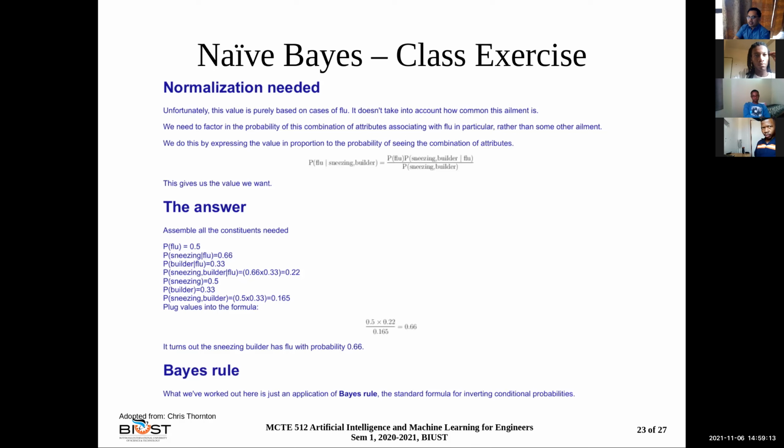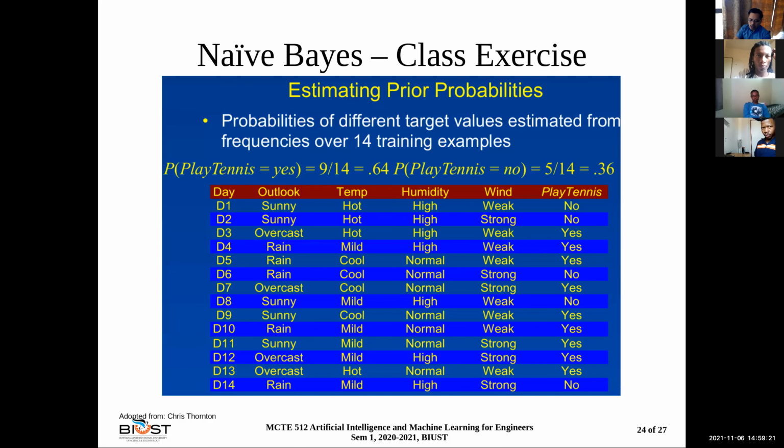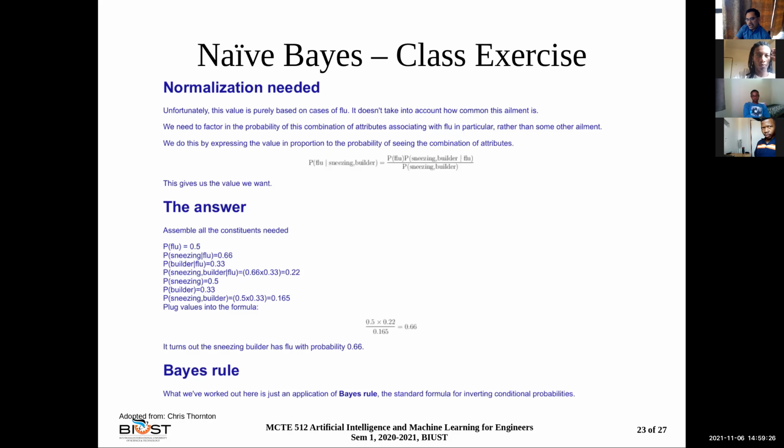In this case, we can apply the full Bayes rule, and we can also apply the naive Bayes rule, which is based on the probabilities of all the features.